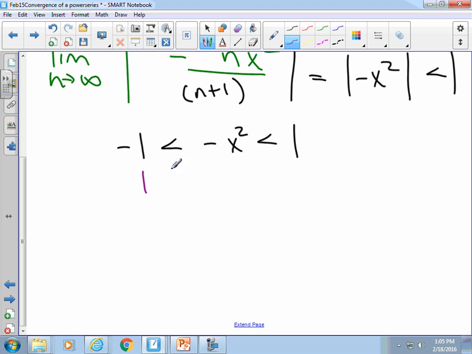It switches the signs around. You might have just known that, but if not, there it is. So x squared should be between negative 1 and 1. Square root all three parts. I'm going to turn it back around, but you don't have to. You could leave it. x stays between negative 1 and 1.